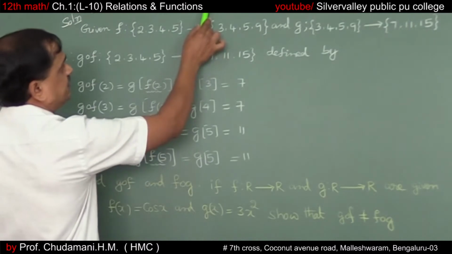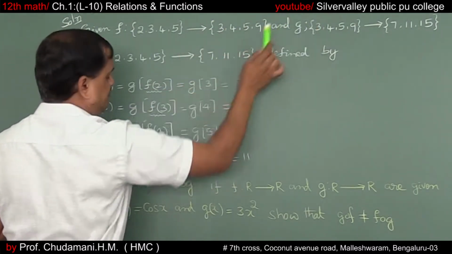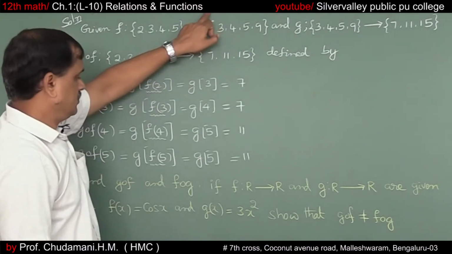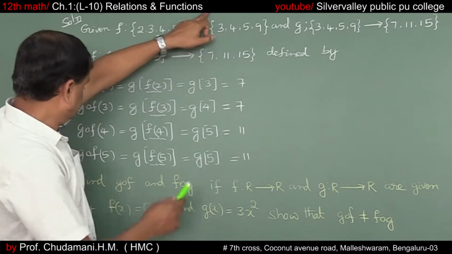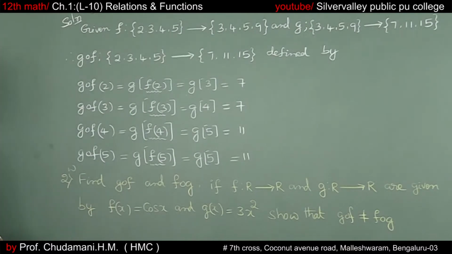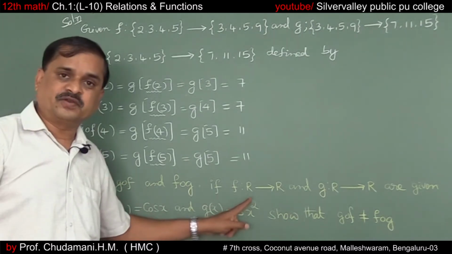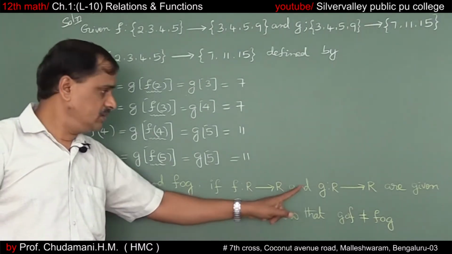But f of 5 is equal to 5. So that g of 5 is 11. Okay.